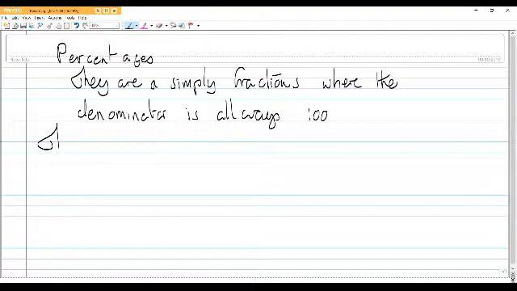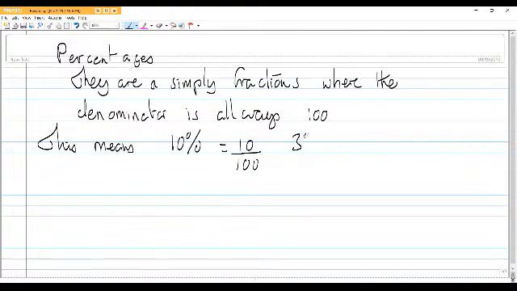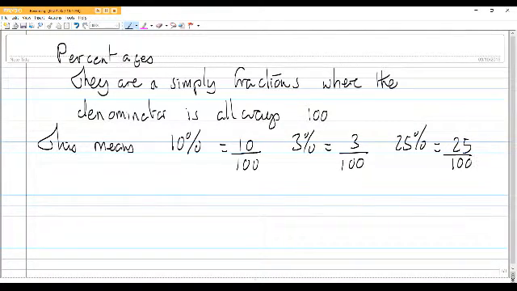So this means then that 10% equals 10 over 100, and 3% equals 3 over 100, and 25% equals 25 over 100.